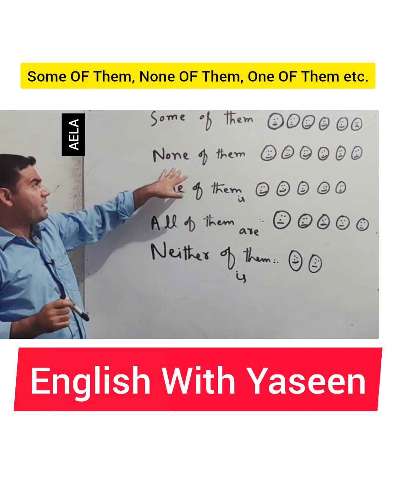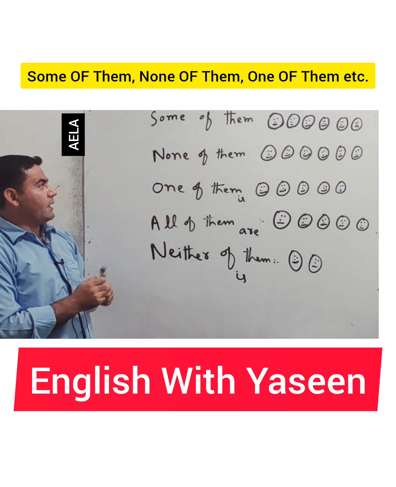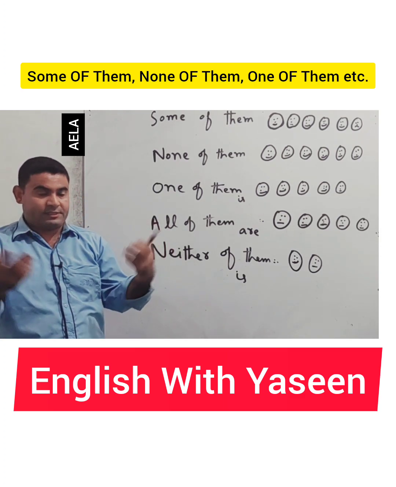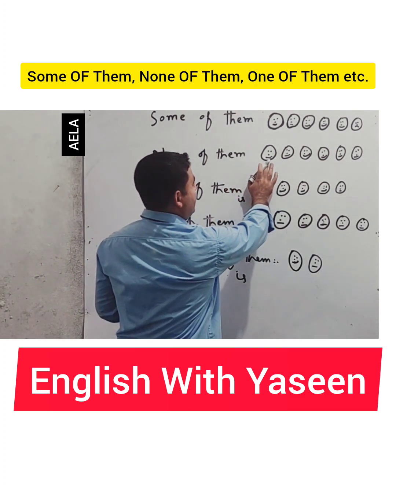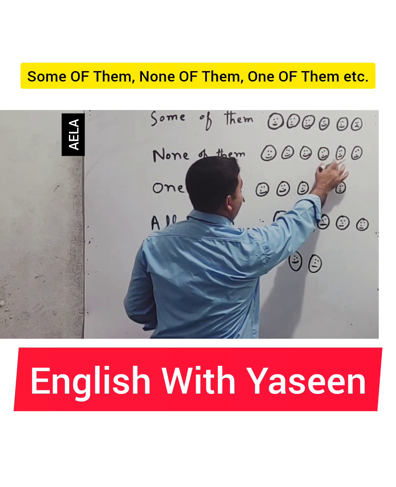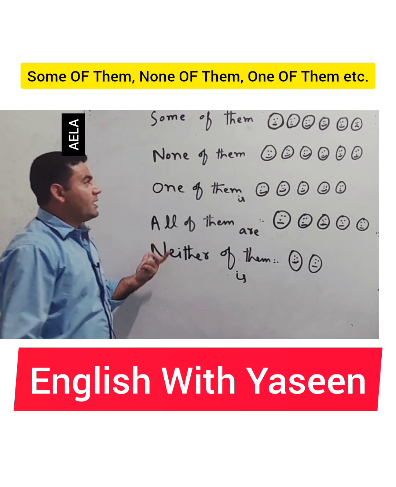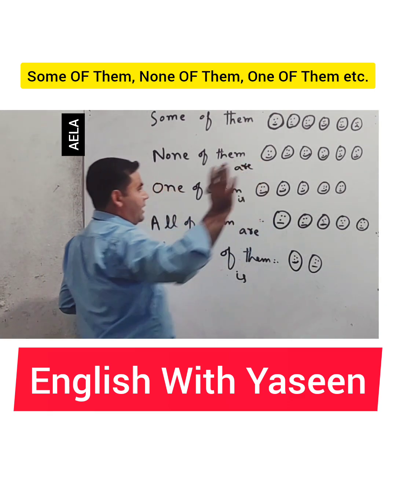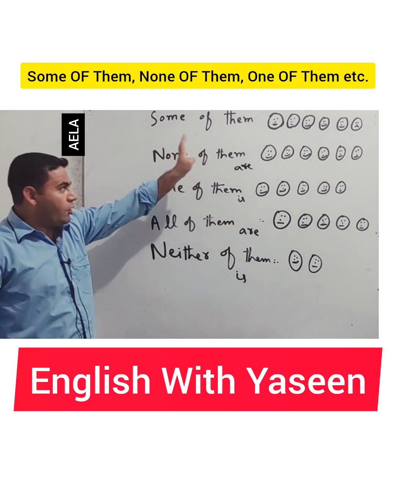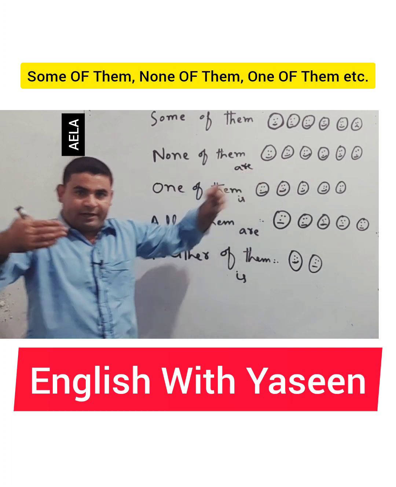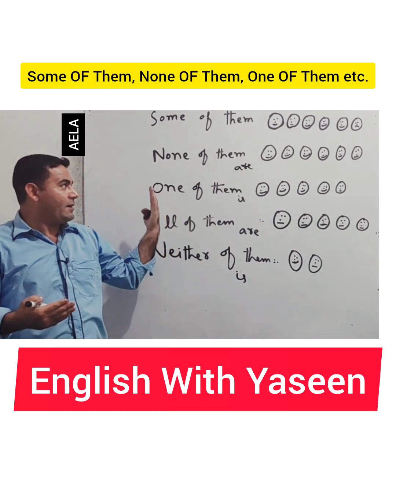Okay? And none of them means that there is not a single person among the rest. For example, if you look at these emojis, this person is smiling, this is smiling, smiling, smiling. So none of them are sad. None of them is used when you are talking about all of them and you want to say, for example, none of them are sad.